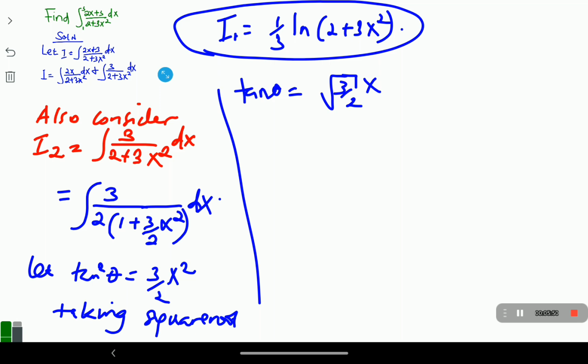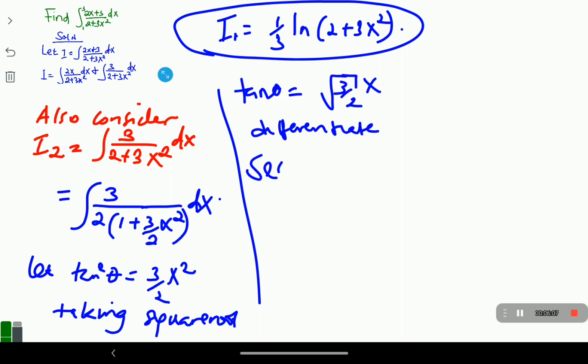So what do we do next? Still we are aiming at getting dx, so we have to differentiate both sides.